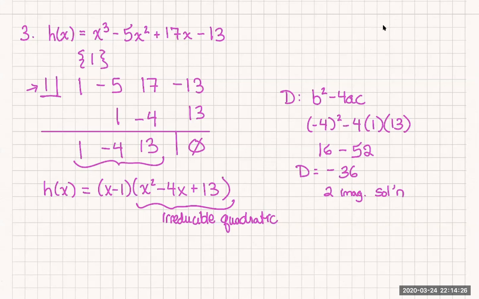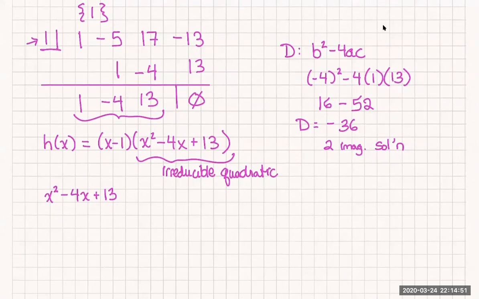Now, what if I asked you what are all my zeros, whether they are imaginary, irrational, or rational? Well, I know that my 1 zero from my graph is 1. And to find the other zeros, how would I do that? Well, I have to solve the quadratic. And since we know it's not factorable, we use the quadratic formula.